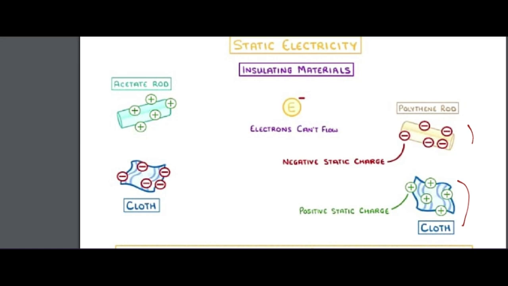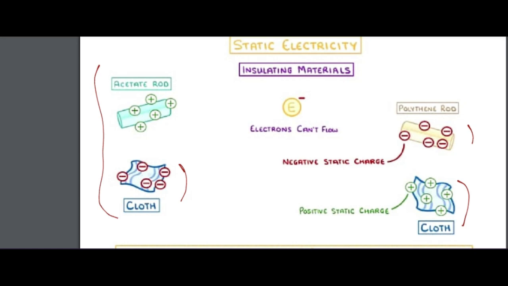All the electrons move to the cloth and the rod becomes positive. The positive static charges occur because an object has lost negative charge, not because it gained positive protons, but because it loses negative electrons.